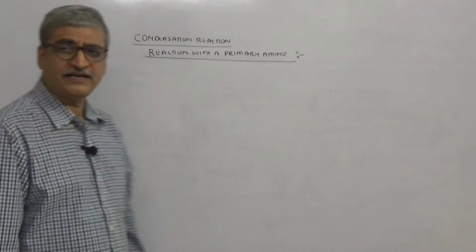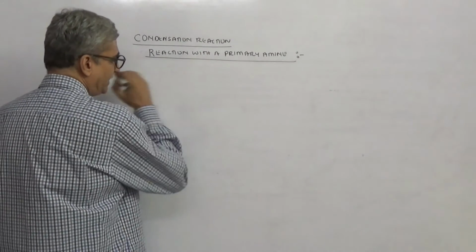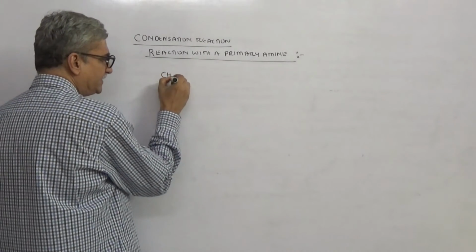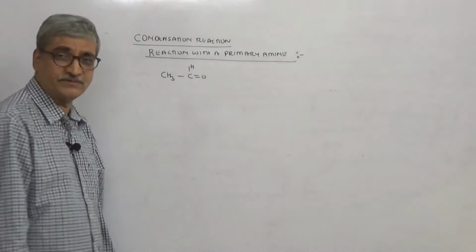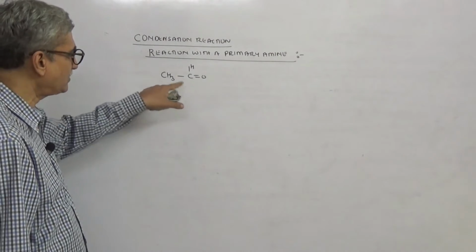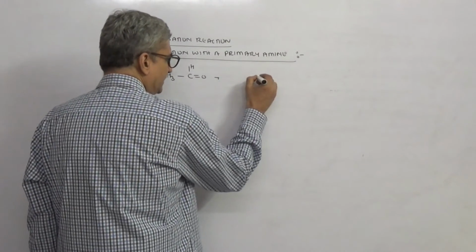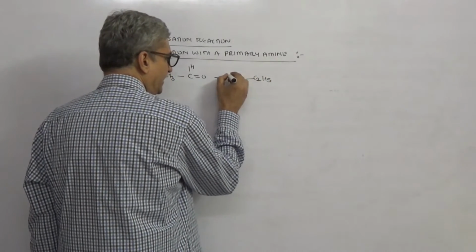So when we are talking of a reaction with primary amine, what happens? You have, listen carefully, an aldehyde. Let me take an aldehyde, CH3, C double bond OH. It becomes easy because at least they just put R or something like that. We'll take an example. Now this reacts with, let us say, ethyl amine, C2H5NH2.